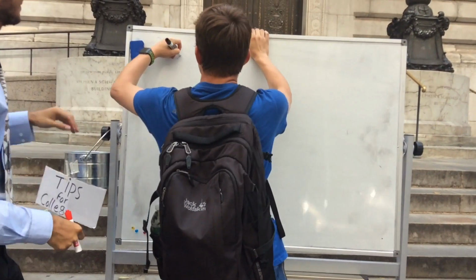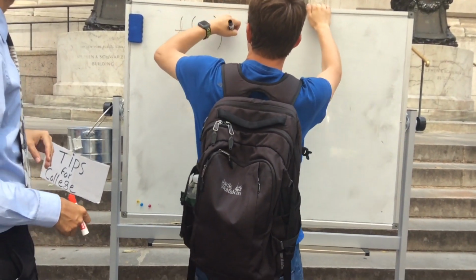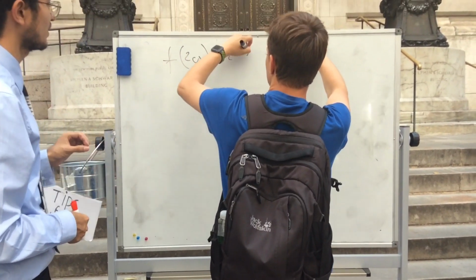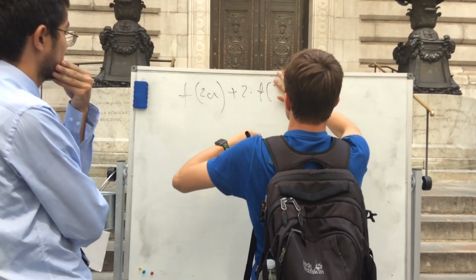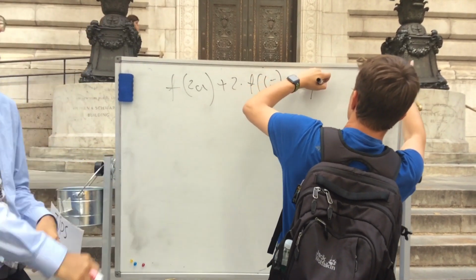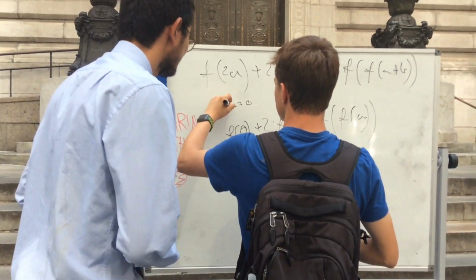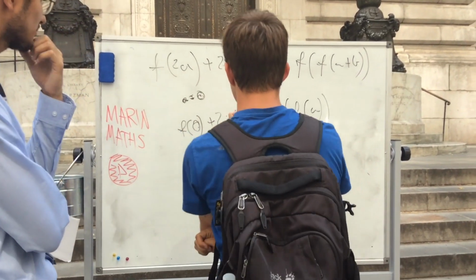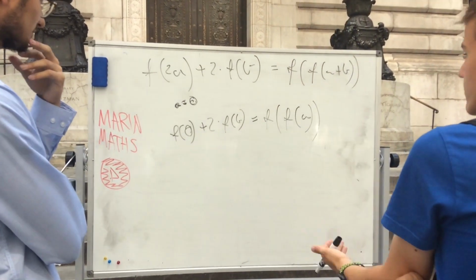F of a, and then the original expression: f of 2a plus 2 times f of b, equal to f of a plus b. We're supposing that a equals 0. We're trying if it will simplify something or we can notice something.